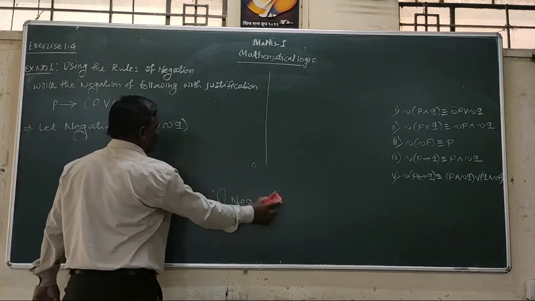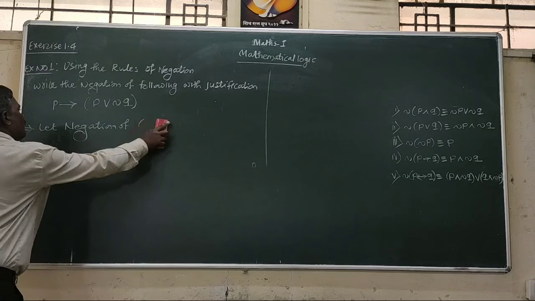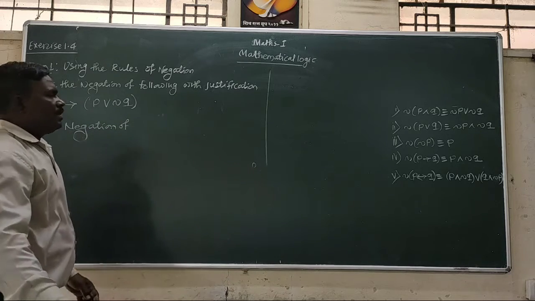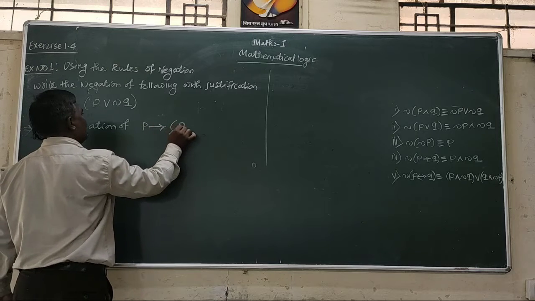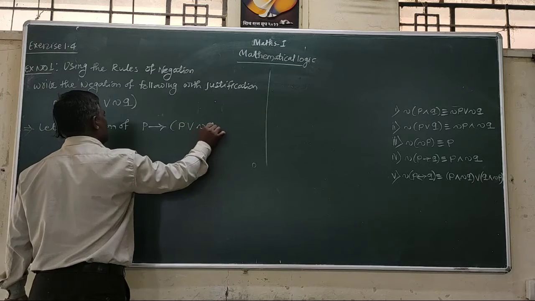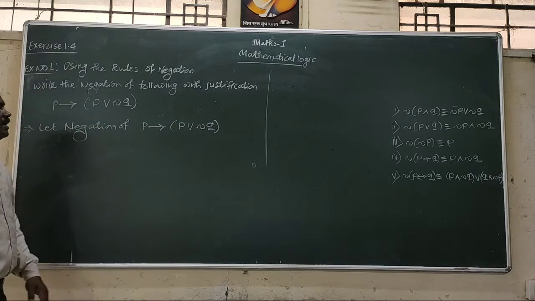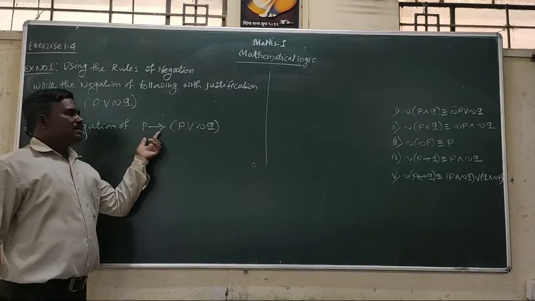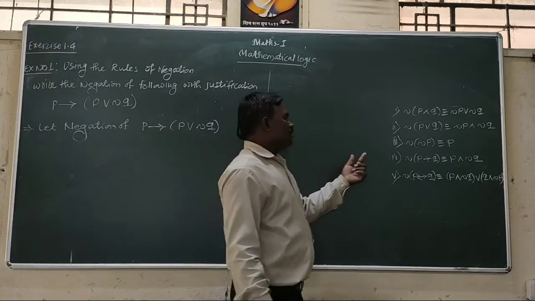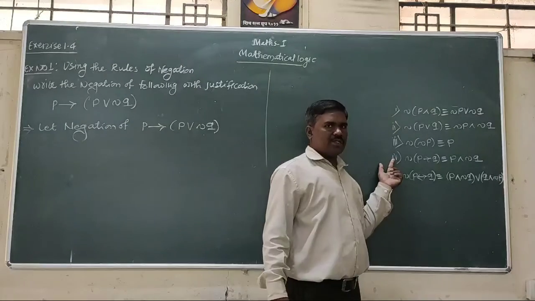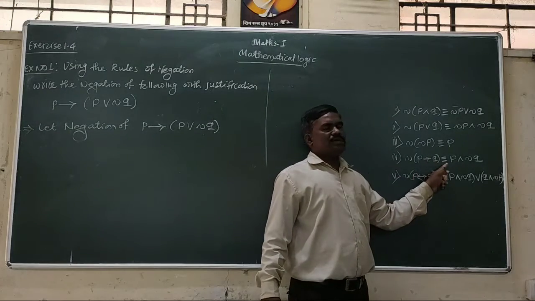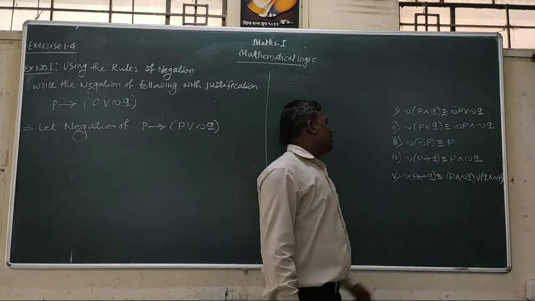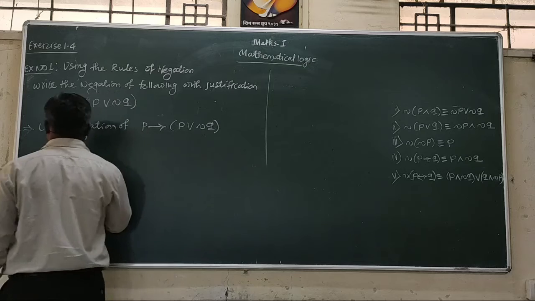Write the negation of p implies in bracket p disjunction negation of q. That is the implication. Therefore, again use the rule of the negation of the implication: negation of in bracket p implies q is equal to p conjunction negation of q.